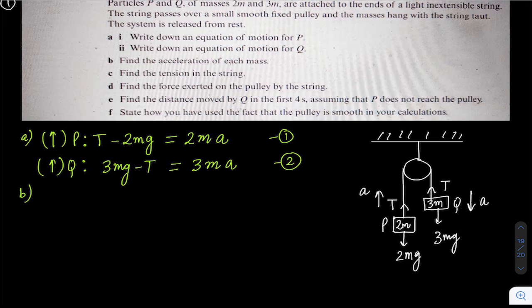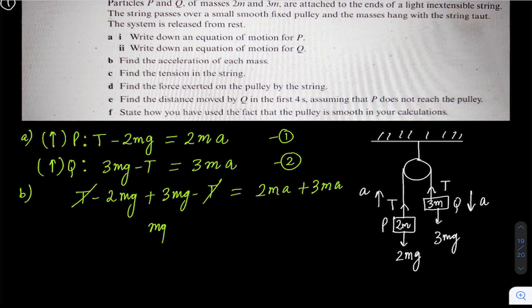As you can see, if you want to find the acceleration, we have to eliminate T. So what you can do is you can add them. When you add these two equations, T minus 2mg plus 3mg minus T is equal to 2ma plus 3ma. Why are we adding? Because when you add, you can see that the tension will cancel.